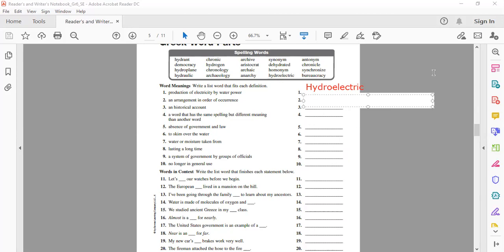Okay, it's an arrangement in order of occurrence. Yani, for example, I arrange the events from childhood, and then until I grow up, and then when I grow older, until I become a full woman. So this arrangement of events, what do I call it?